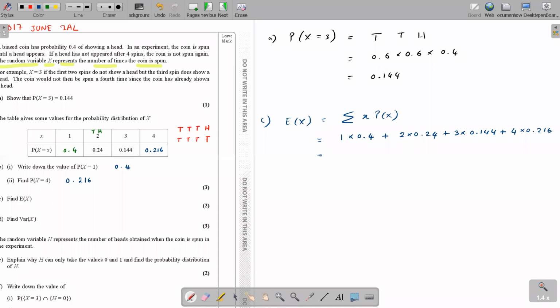Can you all tell me the answer? How much is it? 2.176. Can someone also confirm? Okay, I have one answer. Yes, it's correct.